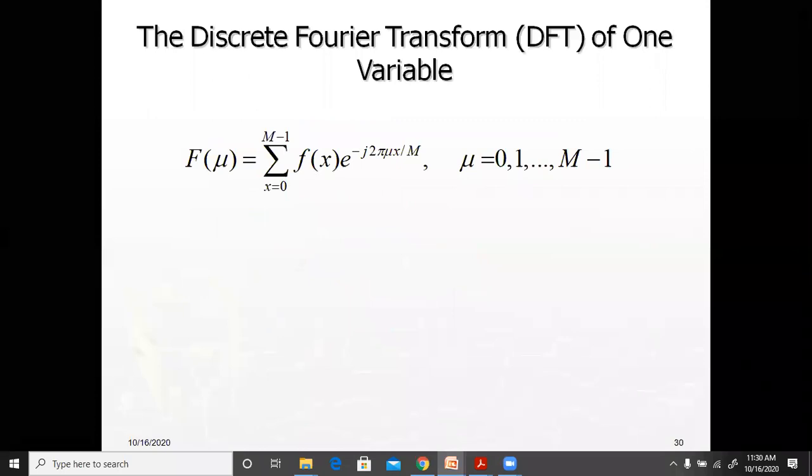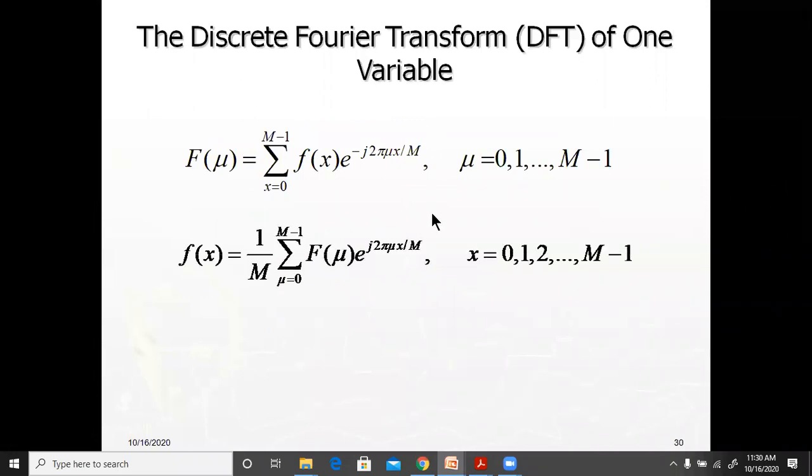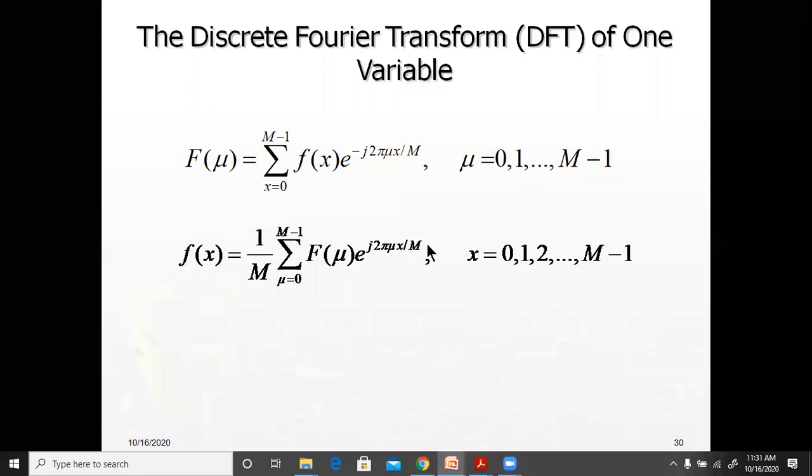Then we come to the discrete Fourier transform of one variable, which is a better representation for discrete quantities. F(mu) is equal to the sum for x equal to 0 to M minus 1 of f(x) e^(minus j 2 pi mu x by M), where mu is equal to 0, 1 till M minus 1. f(x) again is 1 by M times the sum for mu equal to 0 to M minus 1 of F(mu) e^(j 2 pi mu x by M), where x is 0, 1 to M minus 1.